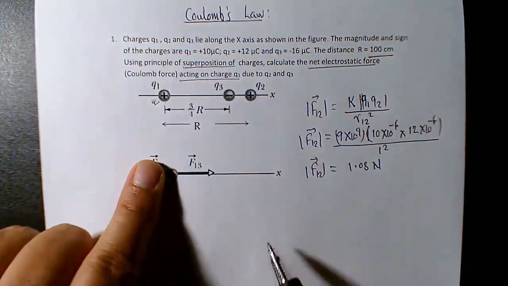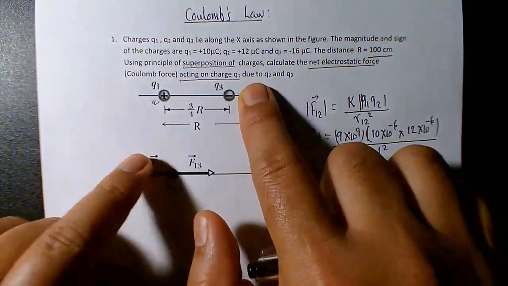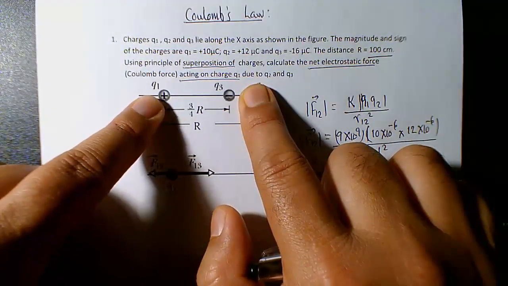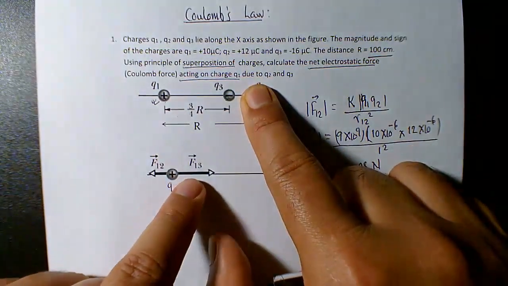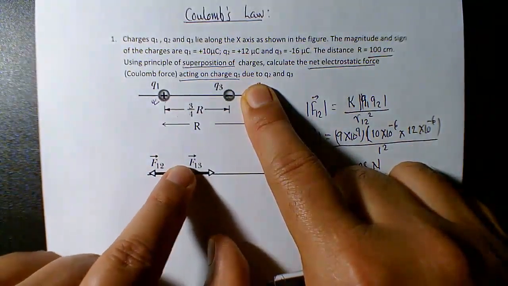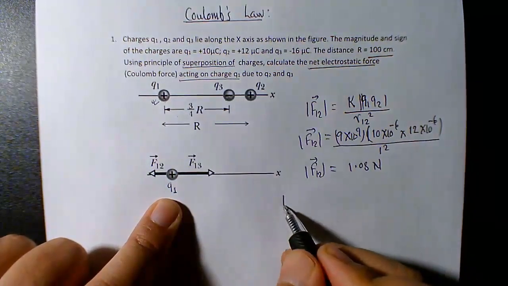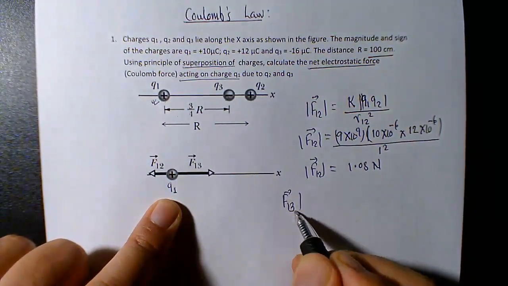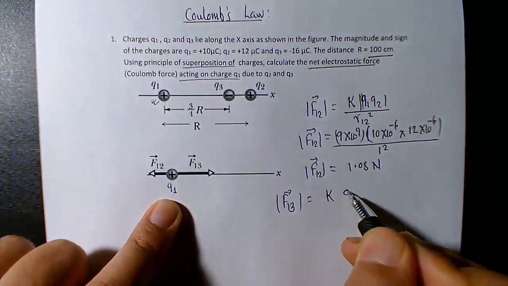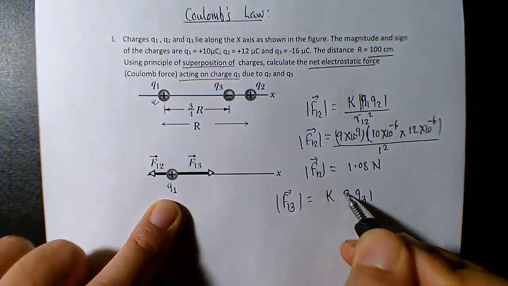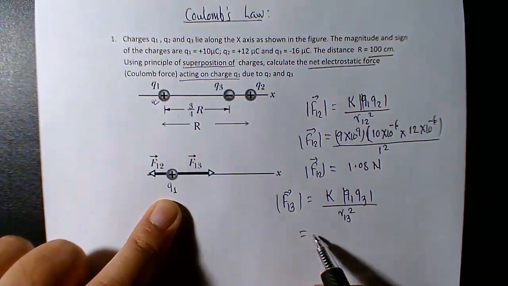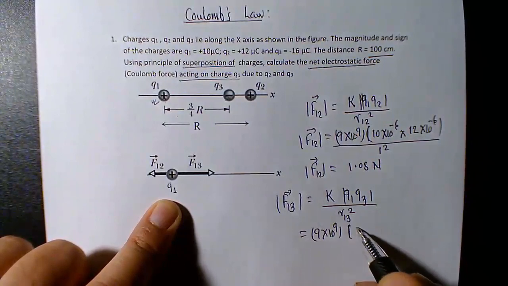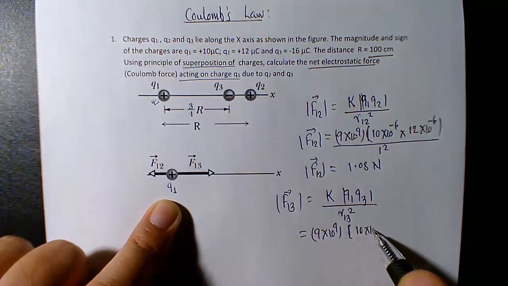Now do the same thing with Q3. What's the force on Q1 due to Q3? It feels a force of attraction, so we call it F13. Let's calculate the magnitude again using the same formula: K Q1 Q3 divided by R13 squared. Q1 is 10 to the negative 6.